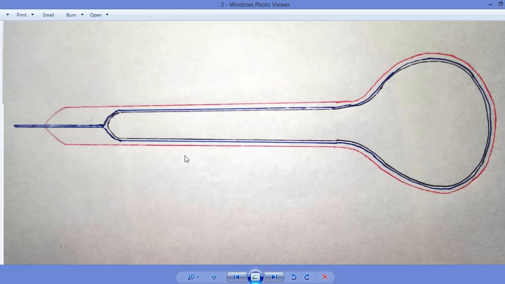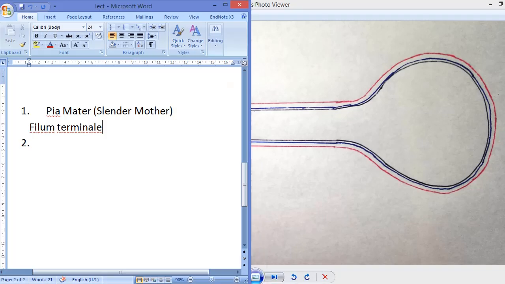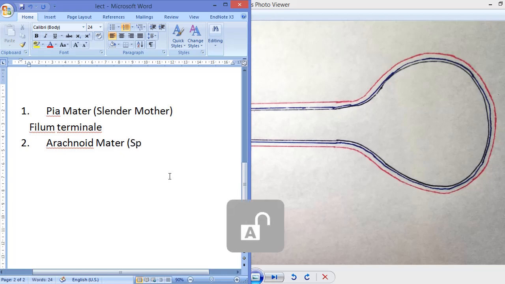This is the second layer of the meninges, the second layer which encloses the brain and spinal cord, and this layer is called arachnoid mater. Arachnoid means spider-like, or spider web-like, and mater means mother.